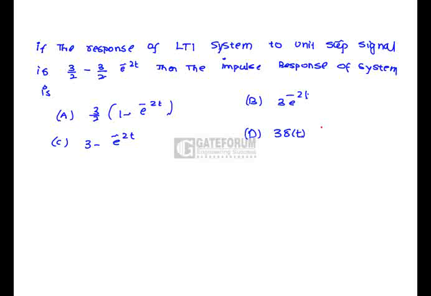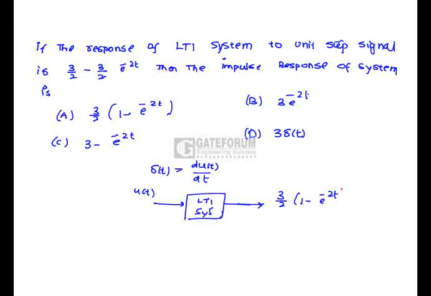The response of an LTI system to a unit step signal is 3 by 2 times (1 minus e power minus 2t). Then what is the impulse response of the system? We know that del of t and u of t are related in the time domain as del of t equals du of t by dt. An LTI system is one where input and output are linearly related, so if the input is differentiated, then the output is also differentiated. For u of t, we are getting 3 by 2 (1 minus e power minus 2t).